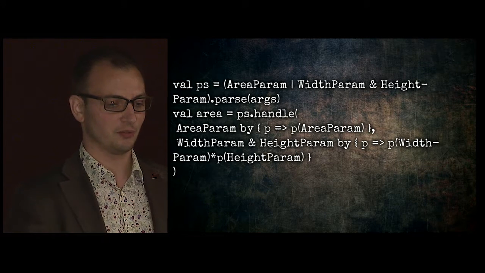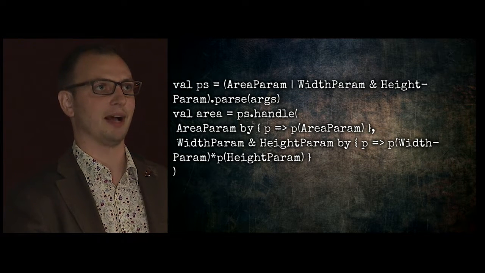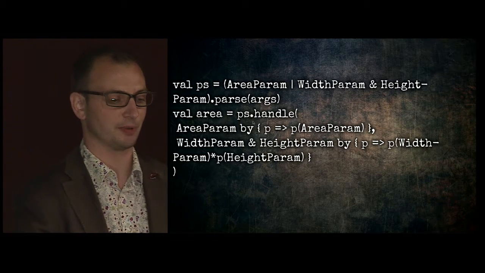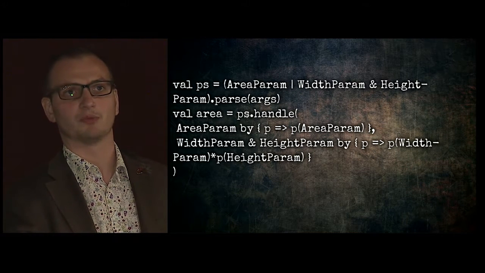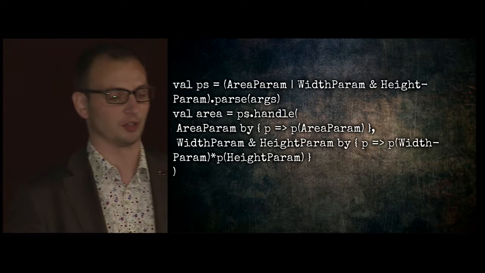So the intersection will match, and must in fact match, in order for the handle method to be applied, must match the type of PS. If it doesn't, we'll be told that it's not exhaustive, or we will be told it's a compile error.